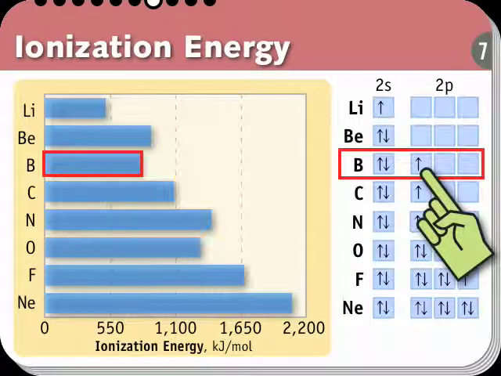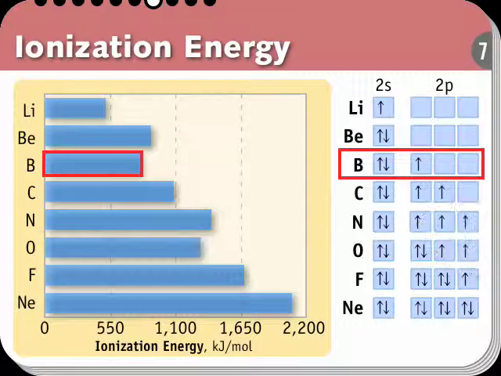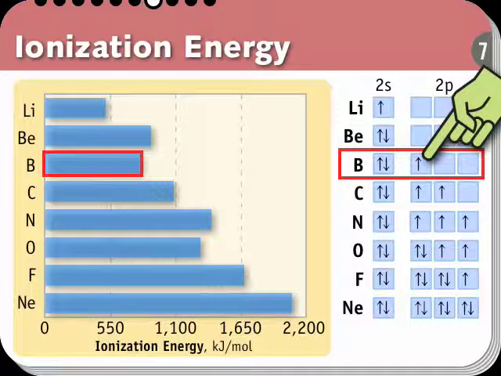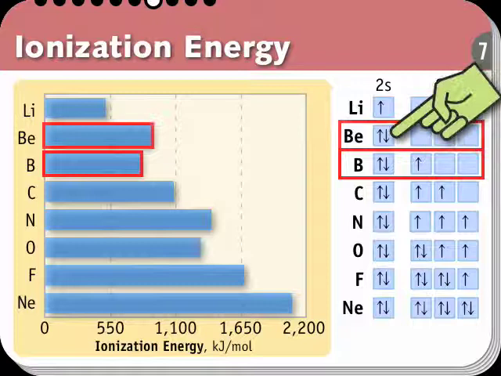The electron being removed from the boron atom is a 2p electron. The 2p orbitals are slightly higher in energy than the 2s orbitals, so less energy is required to remove the 2p electron of boron than to remove one of the 2s electrons from beryllium.